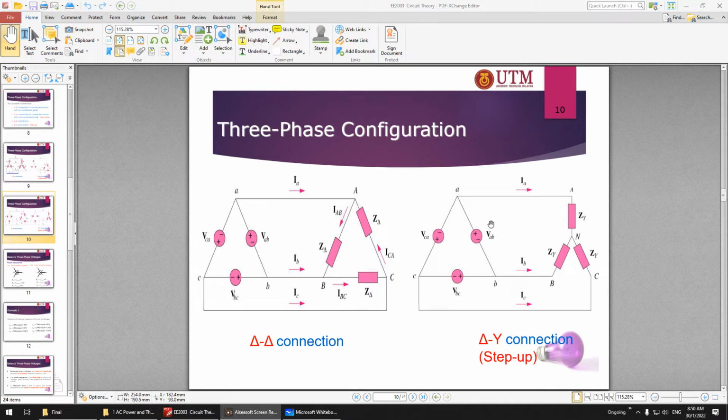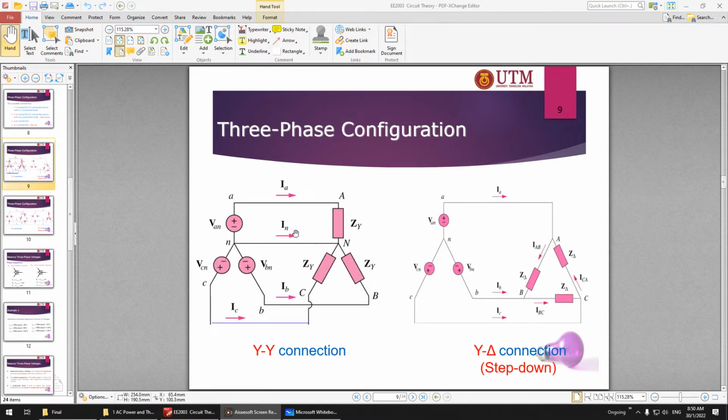So after that, you have to know how to calculate the line voltage, line current, phase voltage, and phase current. So recall back the previous lecture video on how to calculate this. Usually the voltage is given, and then you have to find the phase current.